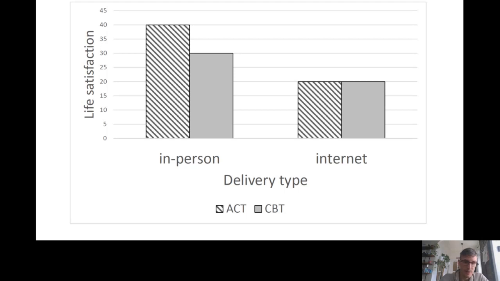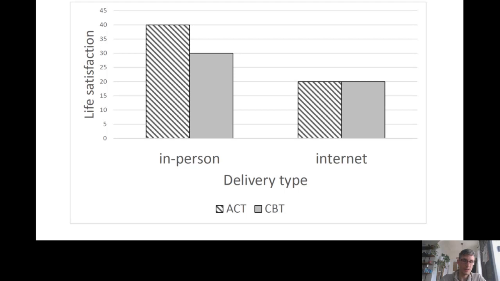And the same main effect could be formulated for therapy type. So we would average out the gray bars, the filled up gray bars, which represent the effectiveness of CBT, and these striped gray bars we would average out as well. That would represent the average effectiveness of ACT.